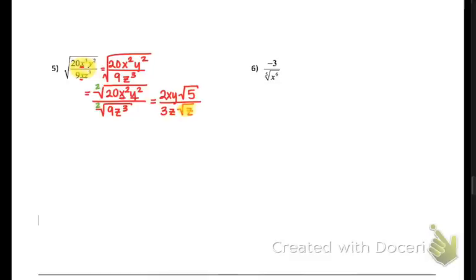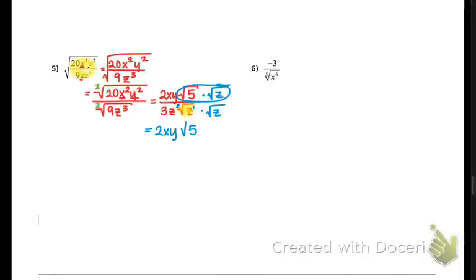In order to make this build up the way that we've talked about, remember this is a square root. So since this is a z to the first, I need one more to get that to be a z squared. So I'm going to multiply numerator and denominator by the square root of z. That's all I have to worry about. And so these radicals match, so we can multiply under. The 2xy is outside, so it's not going to be bothered. We're not going to do anything to that.